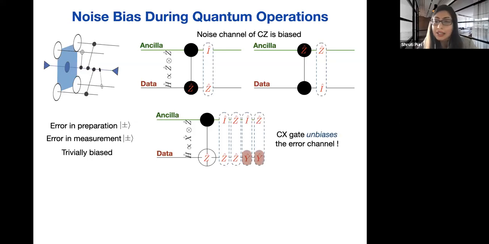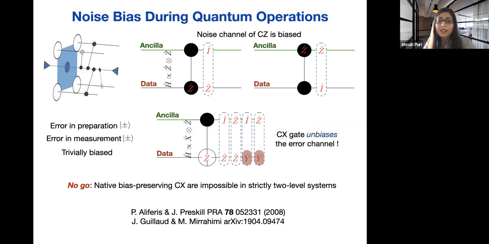So the CX gate basically unbiases or depolarizes the noise channel because it's converting the dominant error Z to the less dominant error Y. And this is not good. In fact, there's a theorem that a native bias-preserving CX gate between physical qubits which have biased noise error channels is actually not possible.